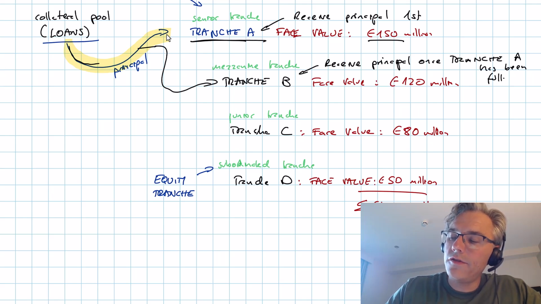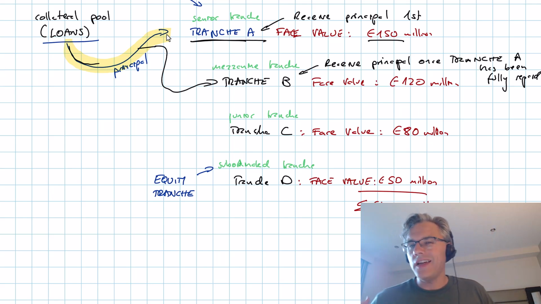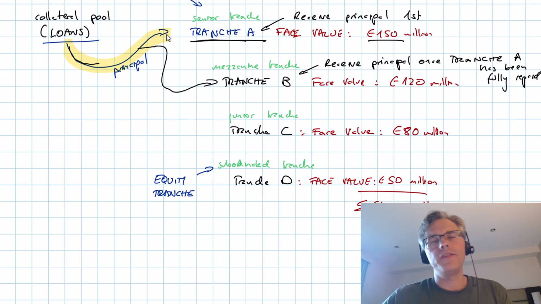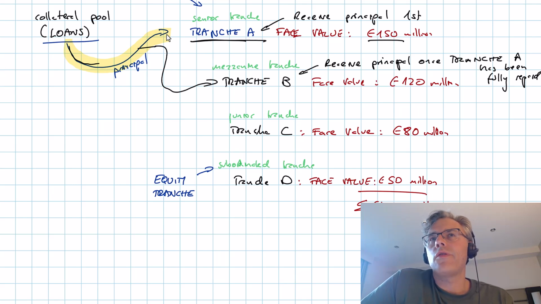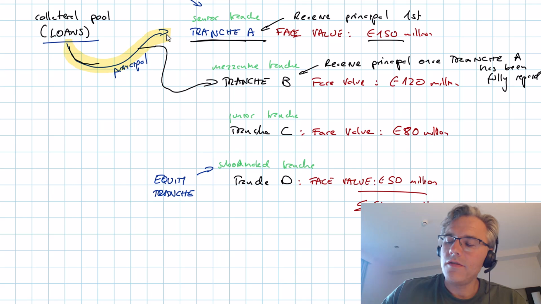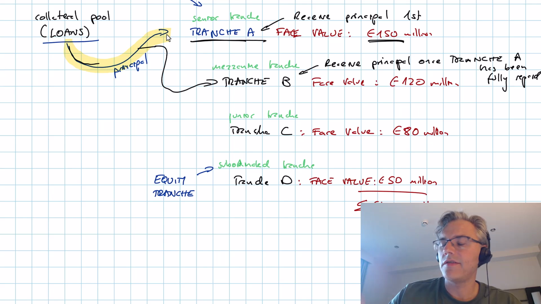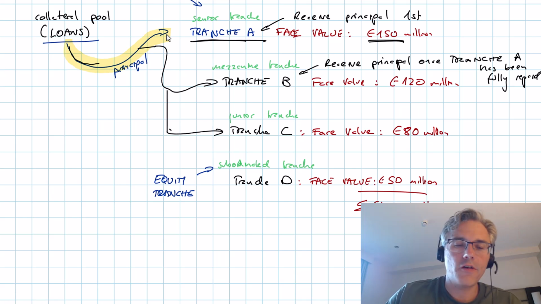Now, don't confuse this with the receipt of interest, because all of them typically receive interest on a current basis, with the exception of something called tranche Z investors, who don't even receive their interest on an ongoing basis. But here I'm not using that. So I guess you get the idea. It's only once these guys have received 150 million does the money start flowing to tranche B, and it's only once they have been repaid do we start to throw any money at the lower tranches.